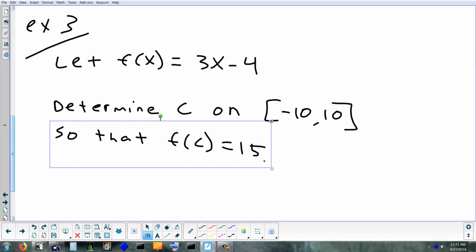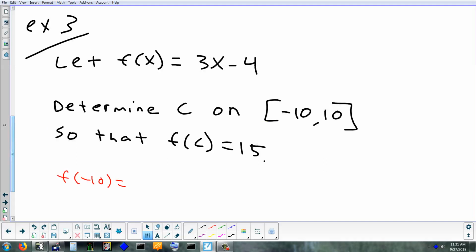So let's see. If we plug in negative 10, we're going to get 3 times negative 10 is negative 30, minus 4. So my y values are starting at negative 34, and they're ending at 3 times 10 is 30, minus 4 is 26.